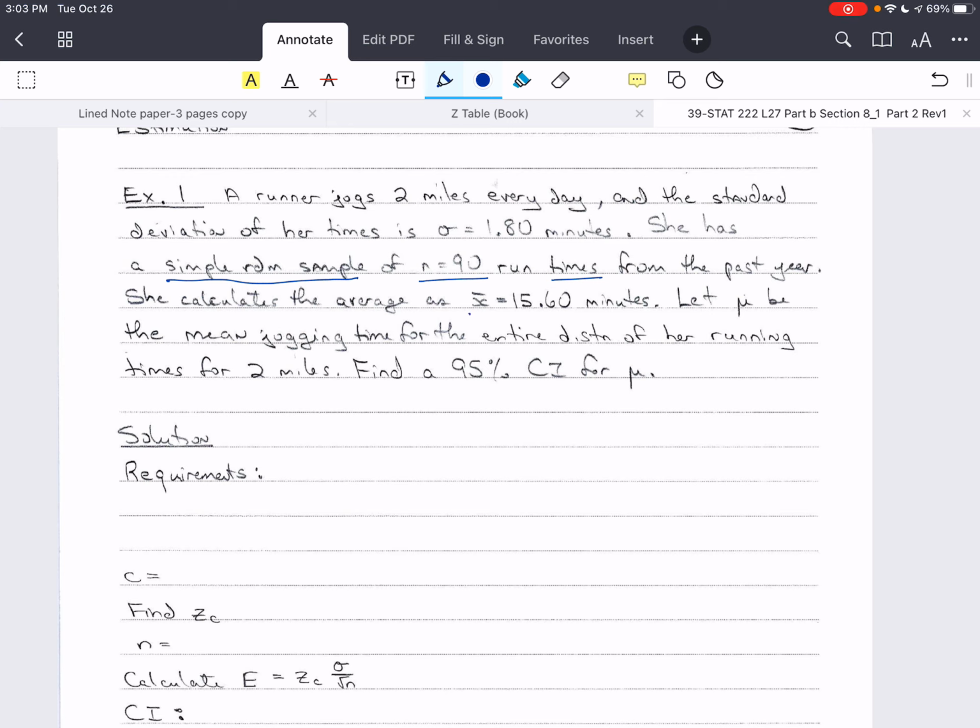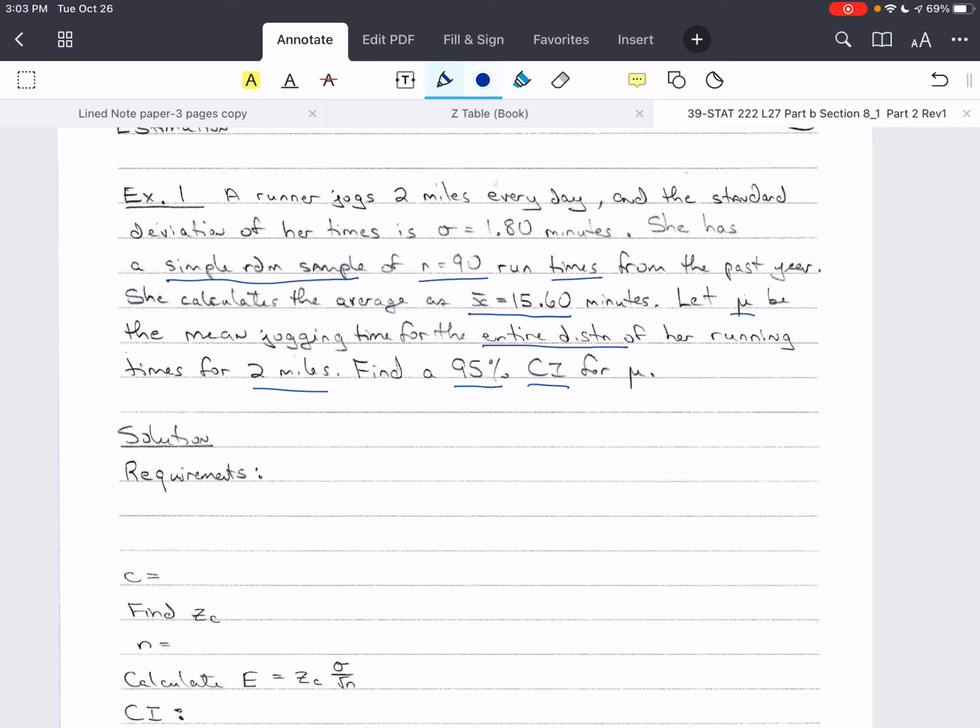And the average of this sample is 15.6 minutes. We're going to let mu be the mean jogging time for the entire distribution of her running times for these 2 miles that she does every day. We want to find a 95% confidence interval for mu.